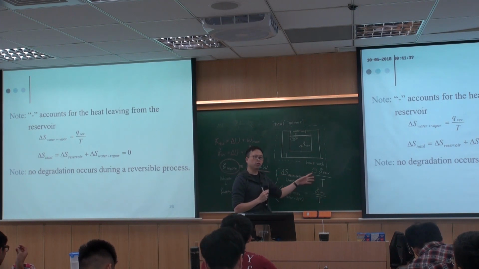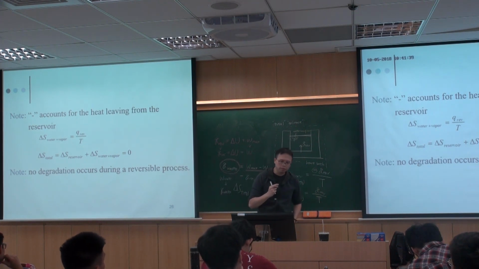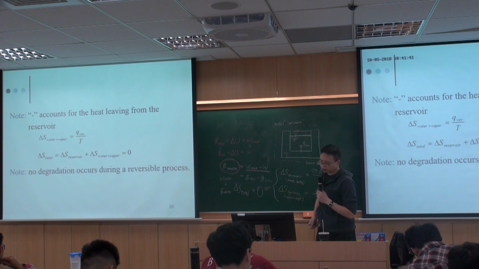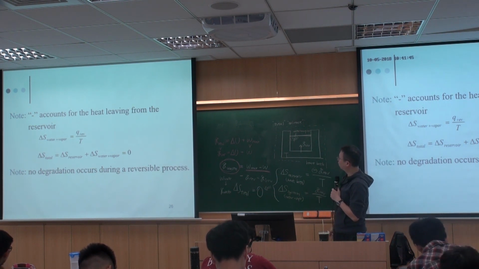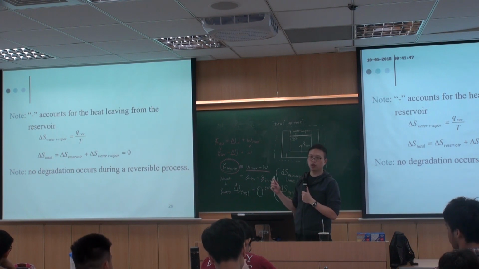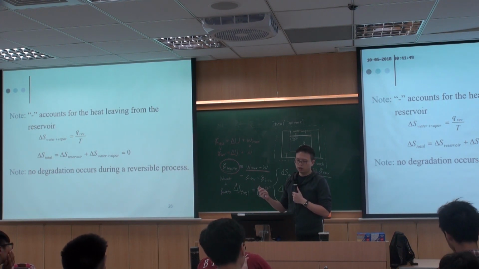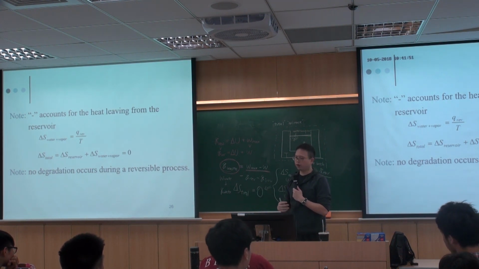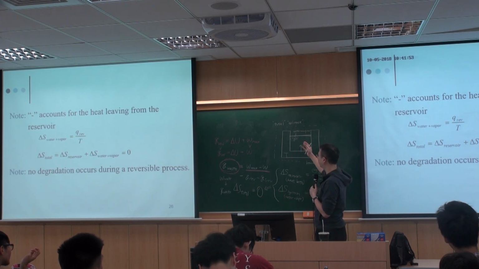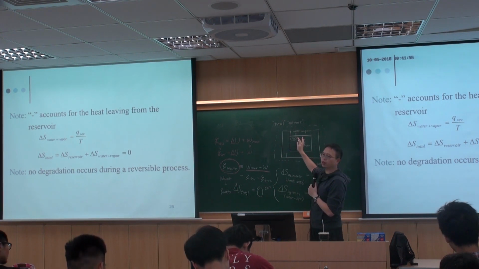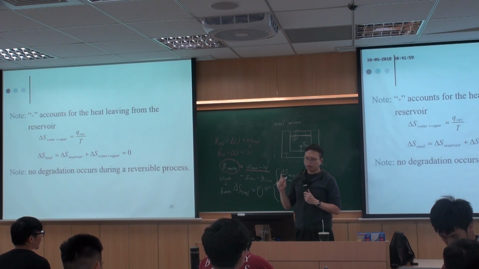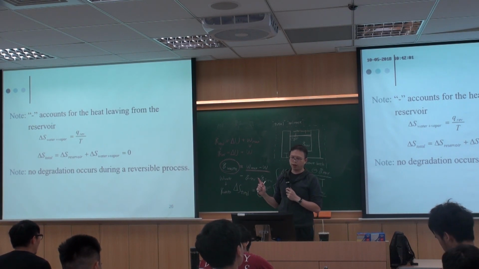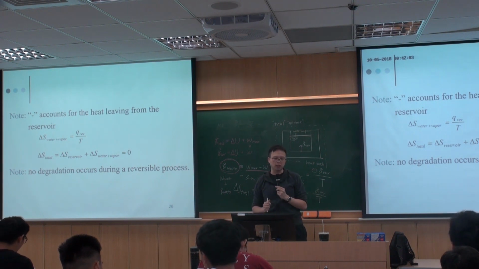Because if you add these two together, delta S should be 0. And therefore, no degradation will occur during a reversible process. So this is fairly straightforward, right? You have heat coming in, and then the system will completely absorb this heat. Later, we'll see a more complicated argument for the irreversible process.